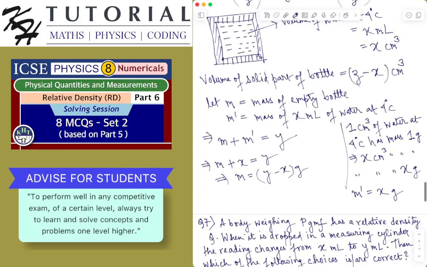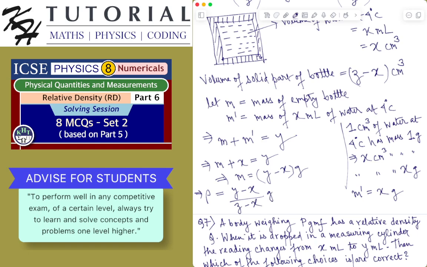Okay, so if we consider sigma to be the density of the bottle, then sigma will be equal to the mass of the empty bottle, which is y minus x, divided by the volume of the solid part of the bottle, which is z minus x.